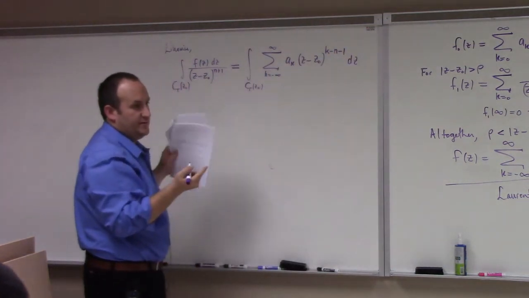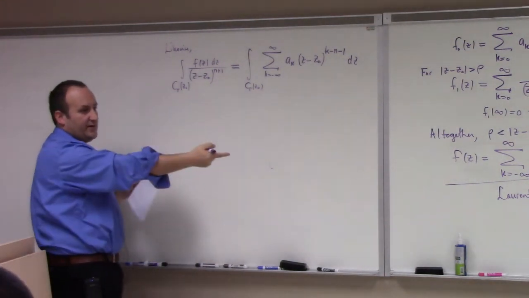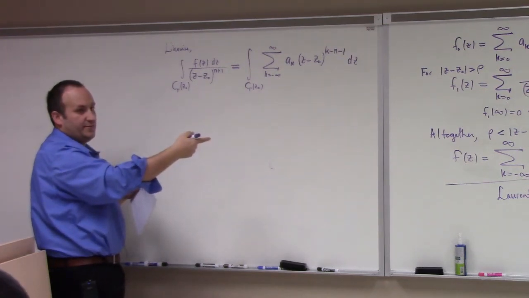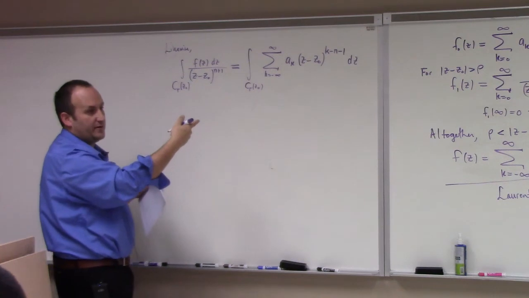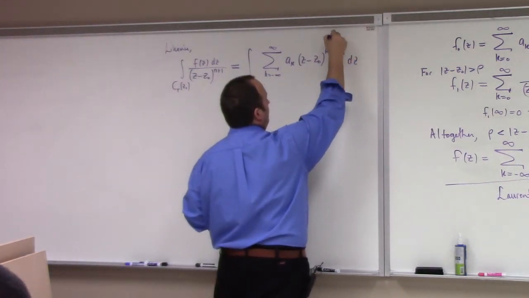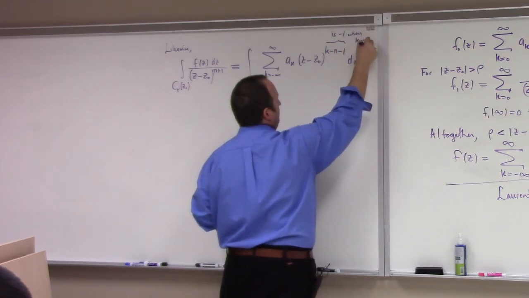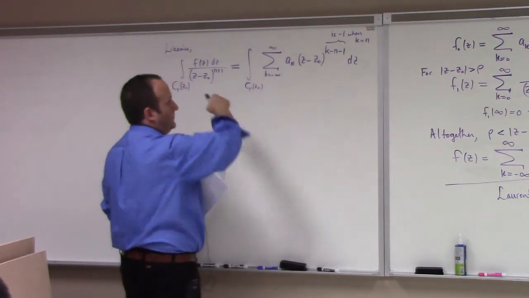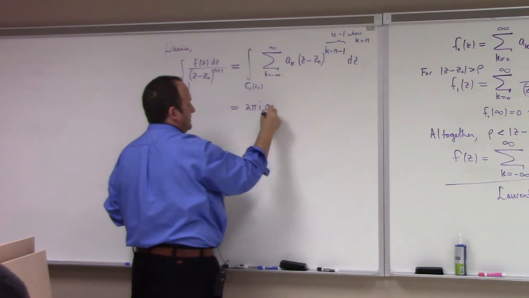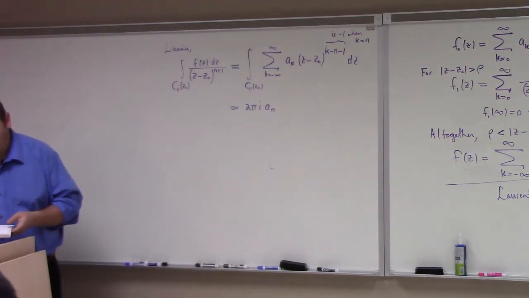So then you flip the integration and the summation and apply the Kronecker delta result, that the integral term by term only works out when the power is the minus 1 power. When is this minus 1? k equals n, right? So this simplifies to 2 pi i a sub n, by the same calculation I just went through.